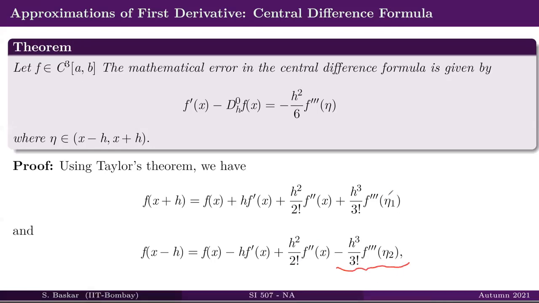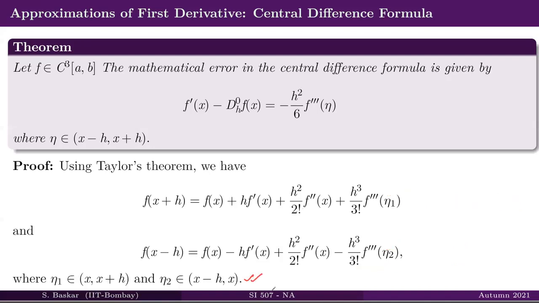Remember, the eta in the first expansion and the eta in the second expansion are different. Therefore, we will give different notations to them. Eta 1 actually lies in the interval x to x plus h, and eta 2 lies between x minus h and x, right?